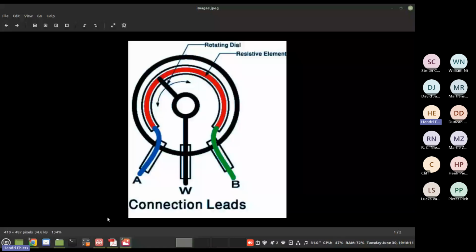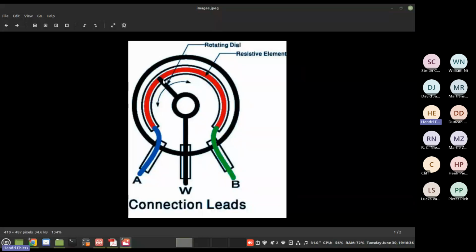Now this thing consists of a tab A and a tab B, and then a carbon strip around here. You also get some of them that are wire wound. You get high wattage variable resistors, and they are wire wound.